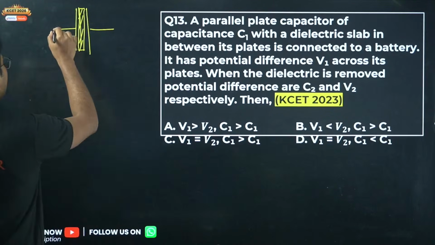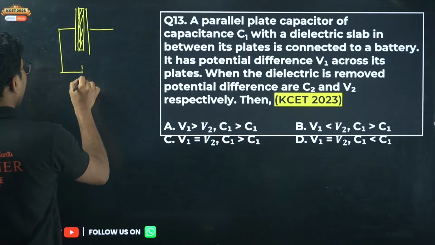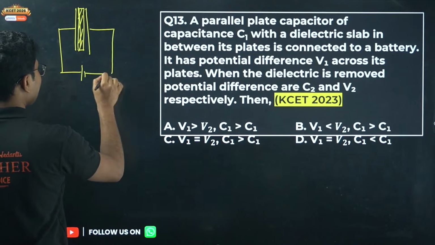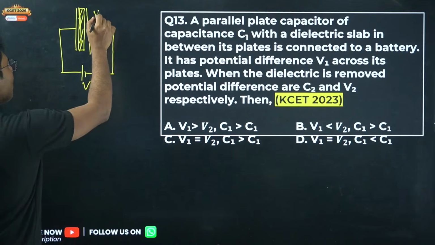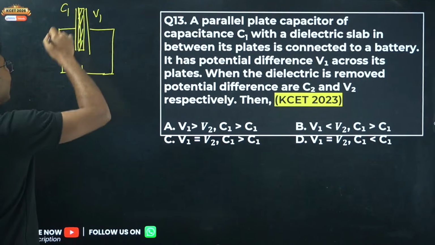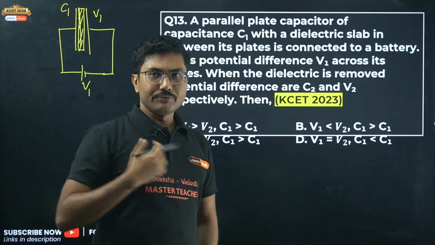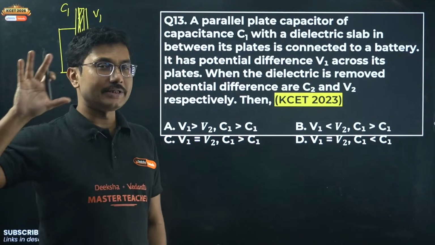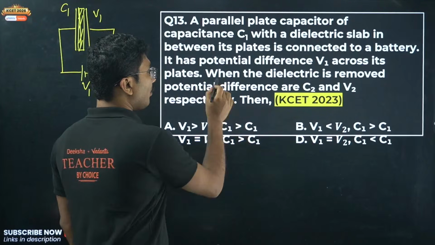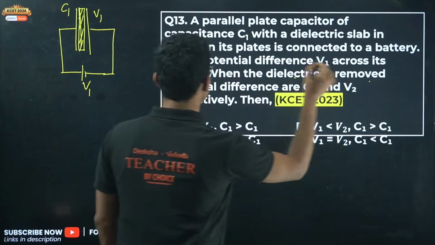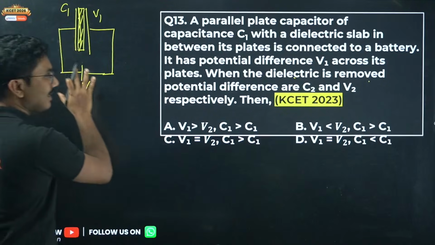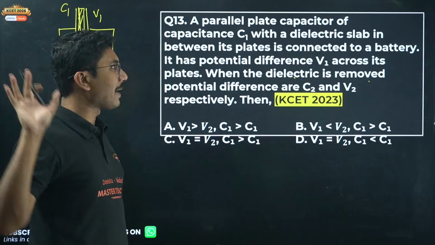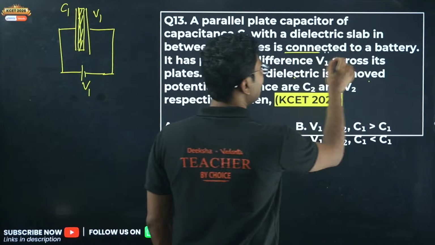Now here, understand the question, the battery is connected to a potential difference V1, so obviously the voltage will be V1, capacitance is given as C1. Now if you read the question carefully, this is not a JEE question. When the dielectric is removed, the battery is still connected, it is not disconnected from the battery.